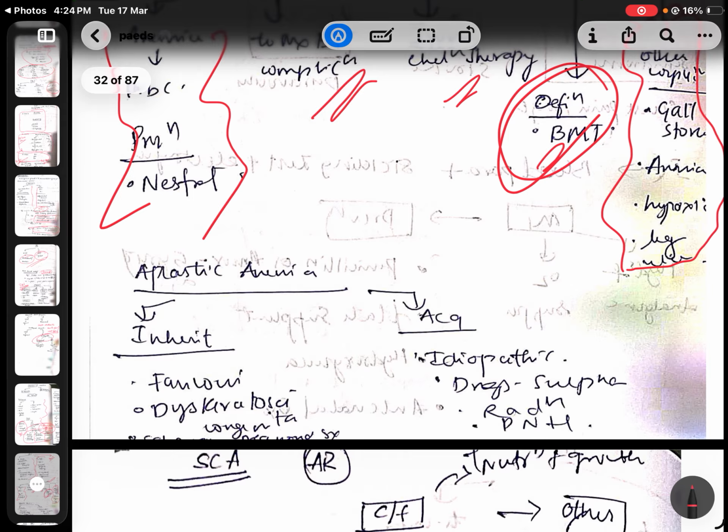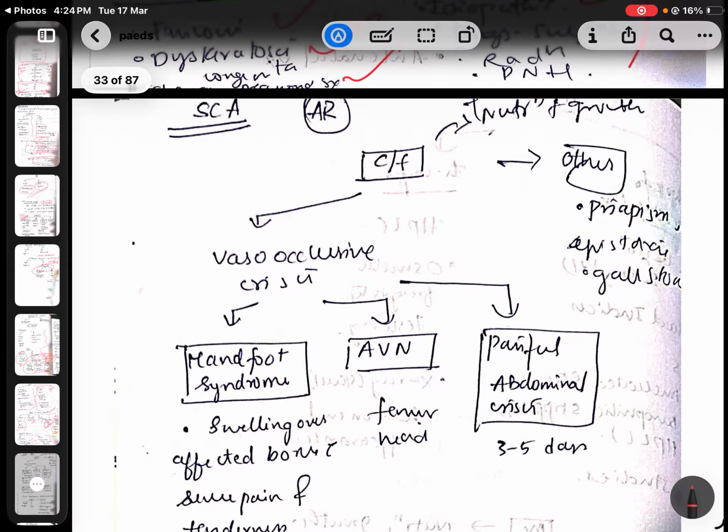Again, causes of aplastic anemia, I think you would have studied in medicine itself. All these important conditions you can remember. Acquired is more common than inherited, so you can write about that also. And sickle cell anemia is core pediatrics itself.